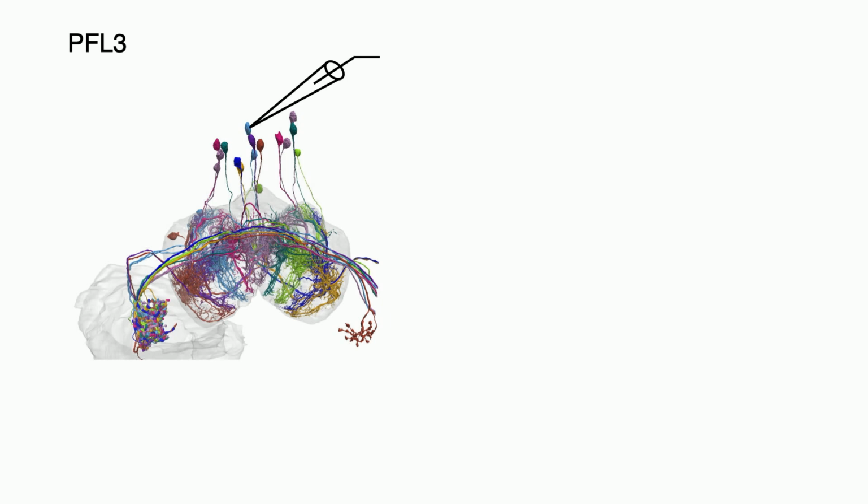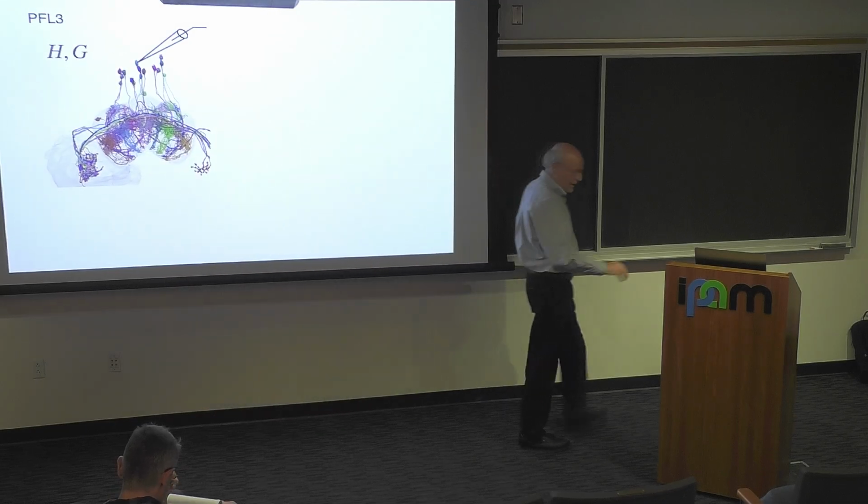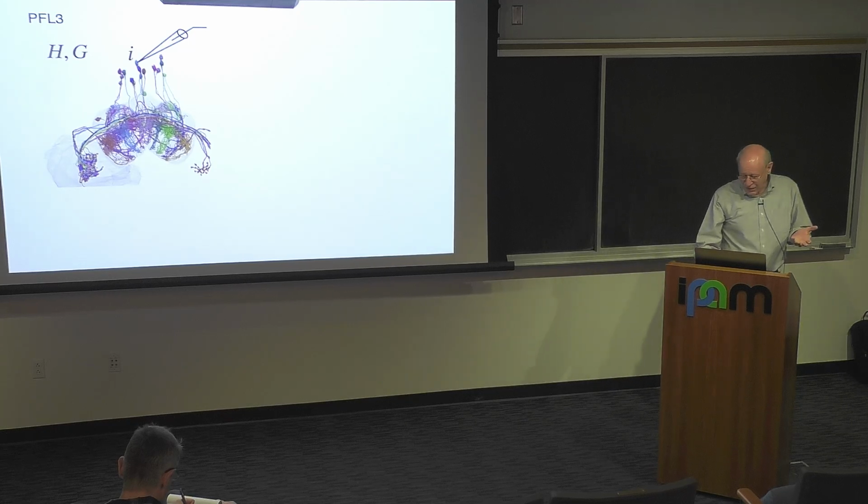Okay, so Peter recorded also individually from these cells, intracellularly, a much more difficult thing to do. And their activity is going to depend on heading and goal, right? Those are their inputs. They get a heading angle here, they get a goal angle here, so it's going to be a function of that. And he looked at that function.